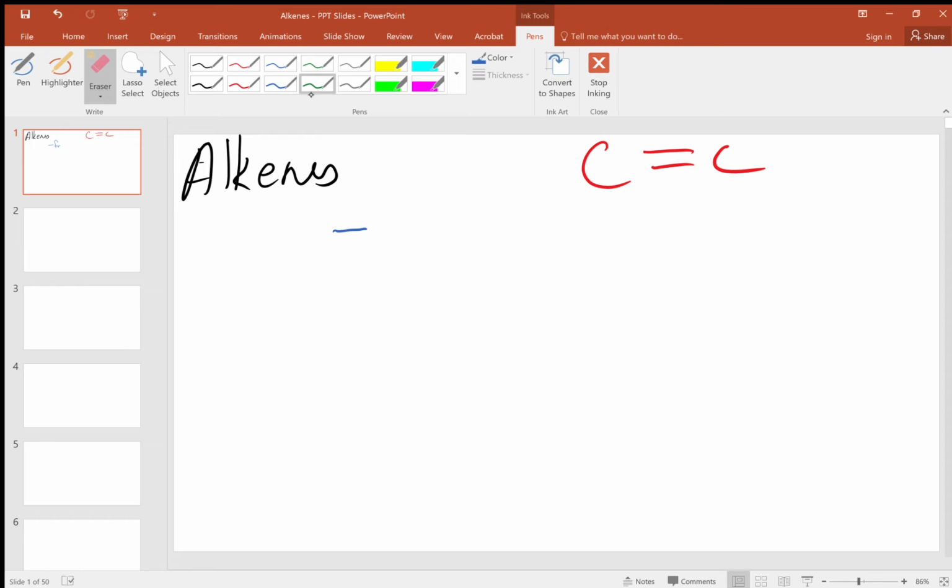is what differentiates them from alkanes. So alkanes, we've said, are pretty boring. We talked about a total of 2 reactions of alkanes. Why was that?